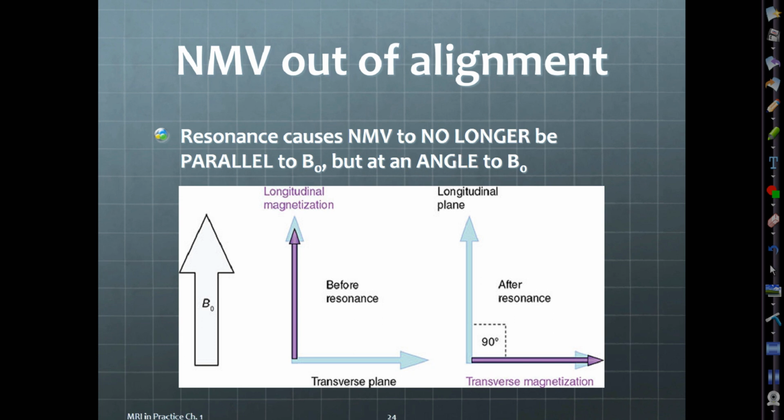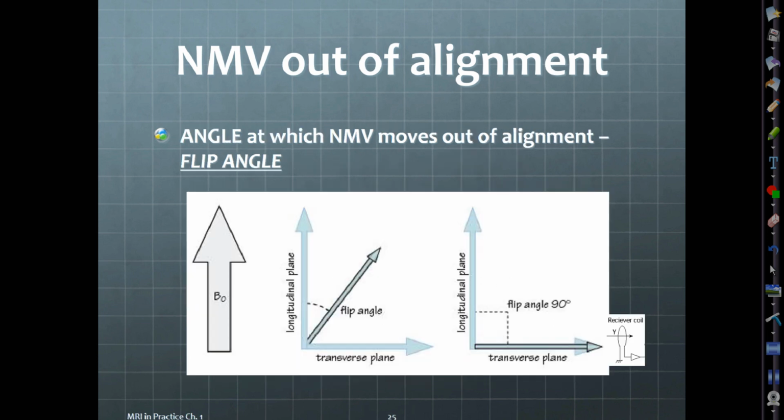And we'll go over that when we start to cover pulse sequences. But right now, we're just going to choose the simplest flip angle to make sense of this phenomenon. Okay? So the angle at which the net magnetic vector moves out of alignment is described as the flip angle. So here is the flip angle.